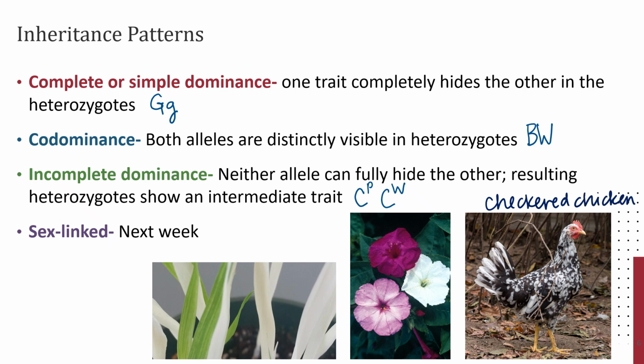We use a slightly different notation here. We use 2 capital letters because they are both displaying their dominance. So in this case, we might say that the heterozygote is BW for black and white alleles, both being dominant. In codominance, we use different letters. In complete or simple dominance, we always use the same letter.